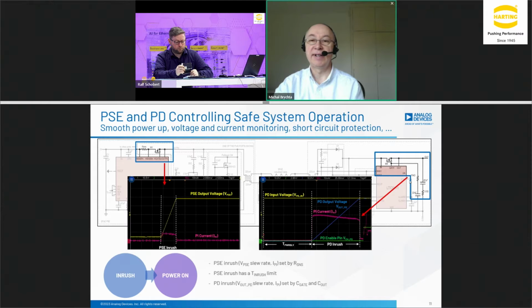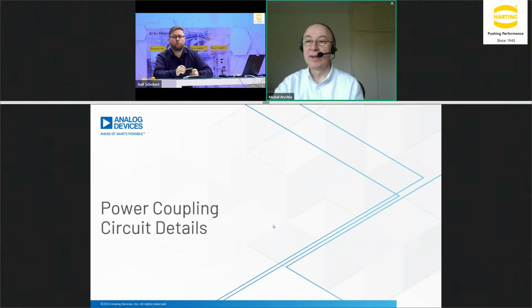And also on the powered device, it is only turning on the rest of the circuitry when the appropriate power is available. And of course, it enables monitoring the current and voltage during the whole operation of the system, and provides short circuit protection and other safety measures. So that's a PSE and PD controller.